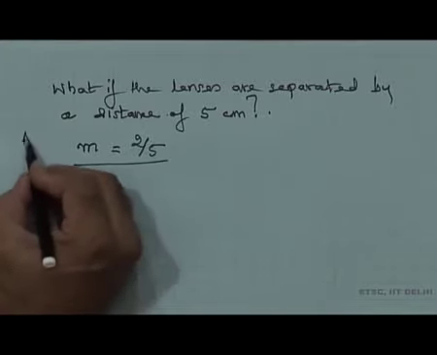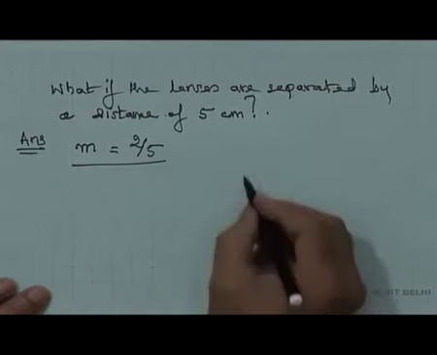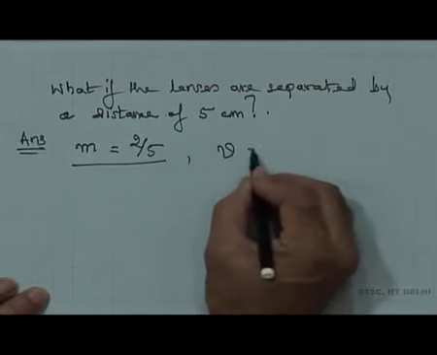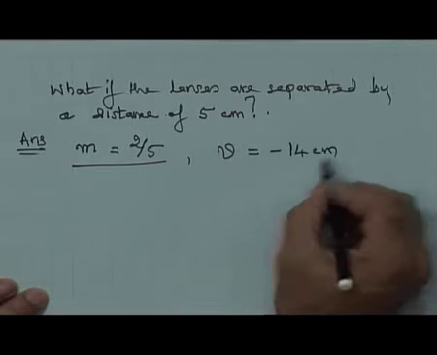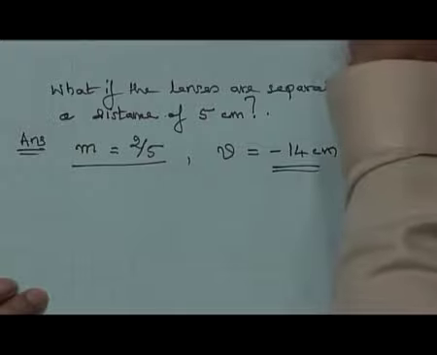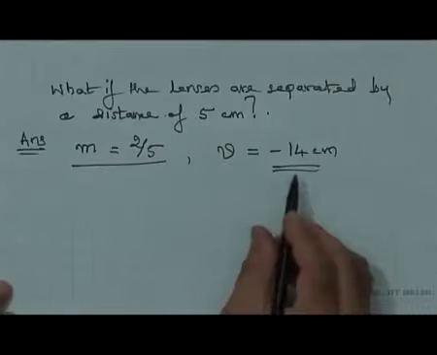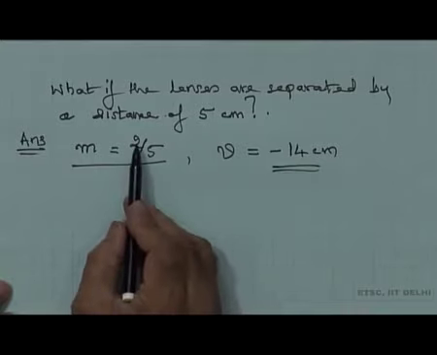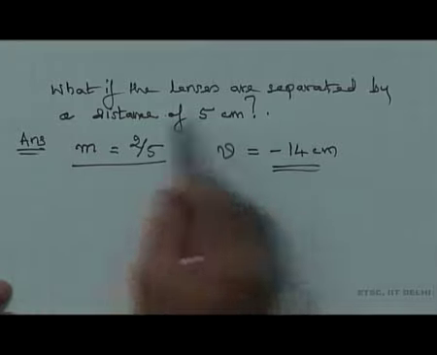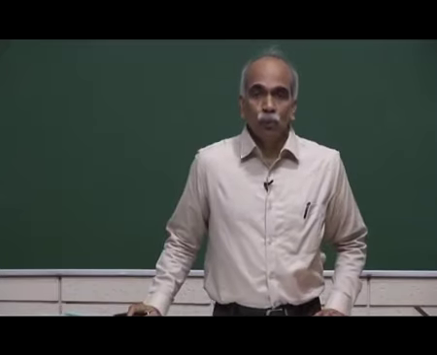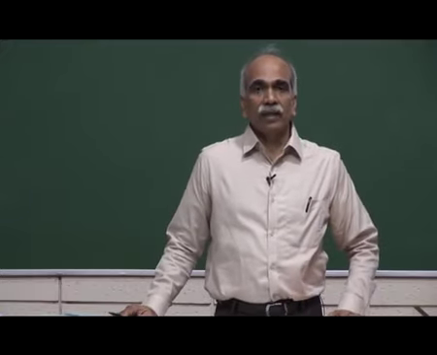Magnification would come out to be 1/3 and V, the position, would come out to be minus 14 centimeters. In our problem we had got minus 13.33. Now, it slightly changed. We got a magnification of 1 by 3, but with this you will get this one. So, I would encourage you to work this out and work out more problems to get a better feel.